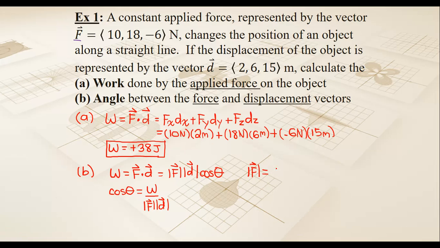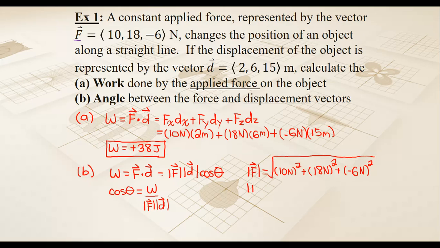So the magnitude of the force vector is 10 newtons squared plus 18 newtons squared plus negative 6 newtons squared, and then we take the square root.